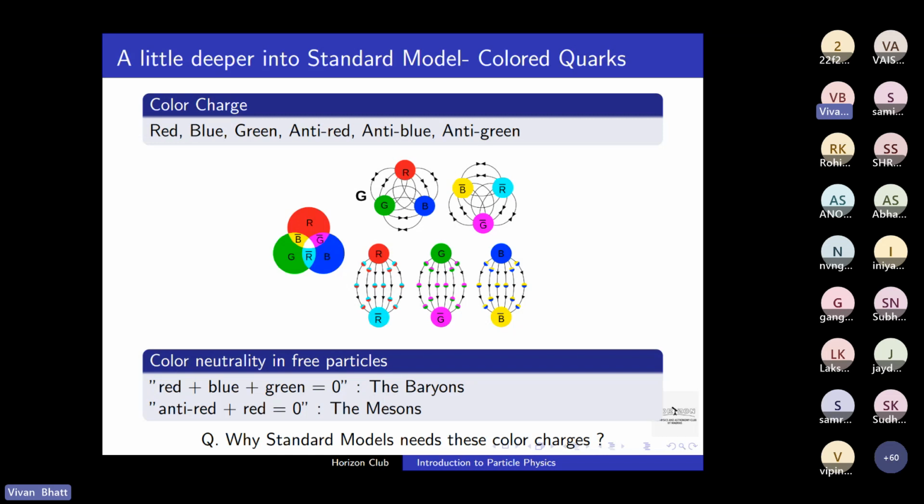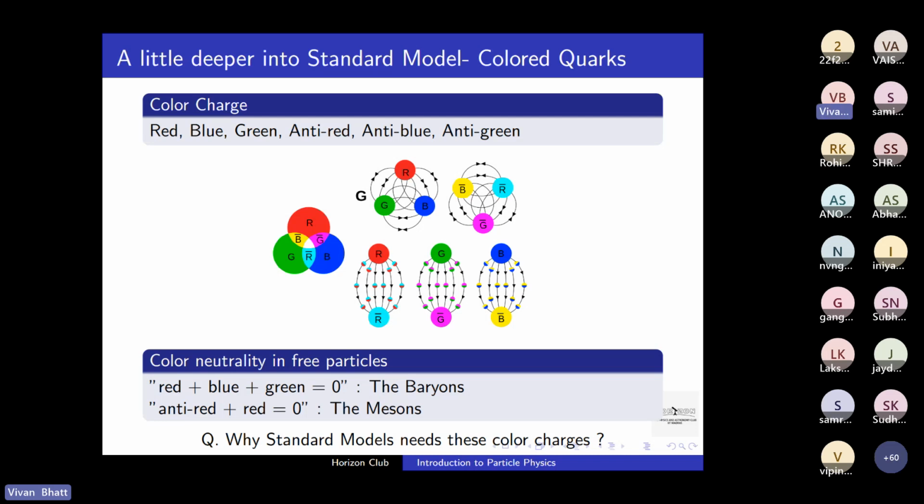So we know for now that there are only three colors at any accessible energy, and as Anushka mentioned before, red, green, and blue give white, and red and anti-red also give white. So this gives you two different types of hadrons. An odd number of quarks make up baryons, and when you have an even number of quarks, they're called mesons.